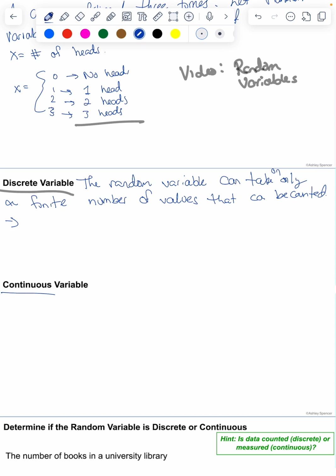Now, continuous variables are variables whose values are determined by means of continuous measuring scales instead of being counted.